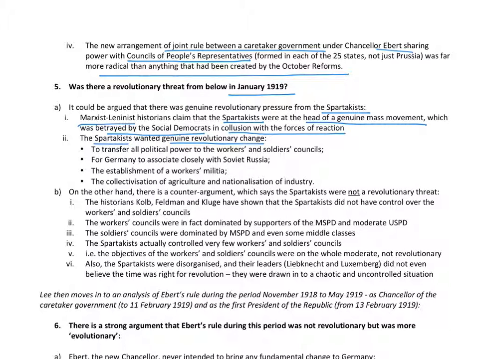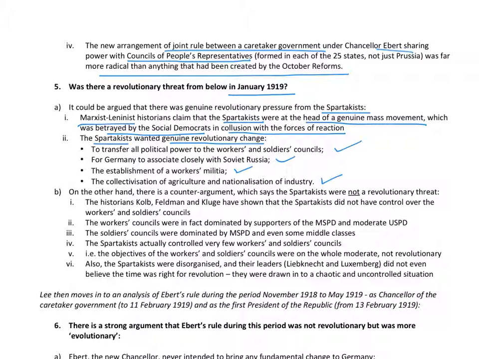They wanted to transfer all political powers to workers' and soldiers' councils. They wanted Germany to associate closely with the Soviet Union. They wanted Germany to establish a workers' army, get rid of the existing army, and they wanted to collectivise agriculture and nationalise industry. So the intentions of the Spartacists were revolutionary.